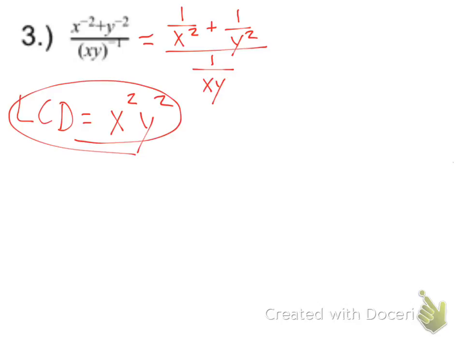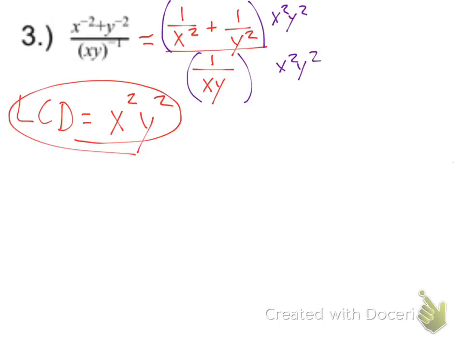The last major step, which has its own smaller parts to it, is to multiply the top and the bottom of this fraction by that LCD. And so, what does it look like? Now, I'm going to purposely leave some space in here. It's going to be multiplying, I'll change colors, the whole entire top by x squared, y squared, and the bottom by x squared, y squared.